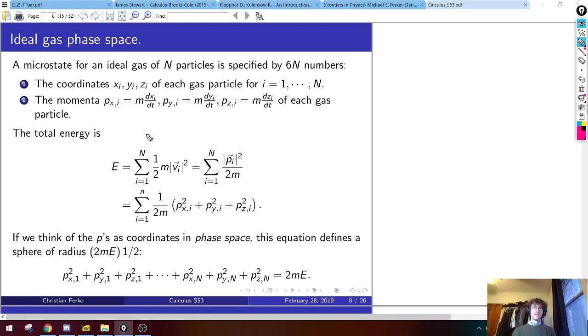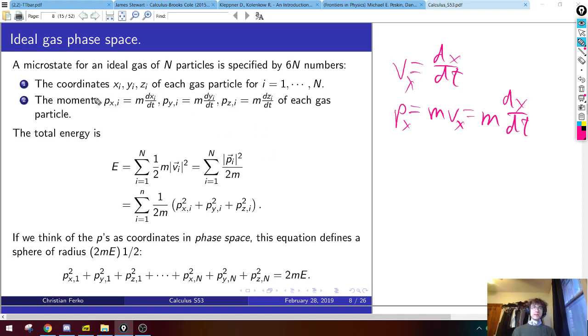But often in physics, rather than using velocity, where velocity, as we remember, is dx/dt, it's much more convenient usually to use the momentum. Momentum is just the mass of the particle times the velocity, or m dx/dt. Maybe I should call this px to tell you that this is in the x direction. So this is just a simple change. I'm just multiplying by a constant number. We assume that all these gas particles have the same mass.